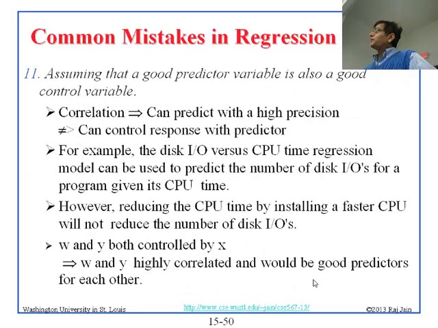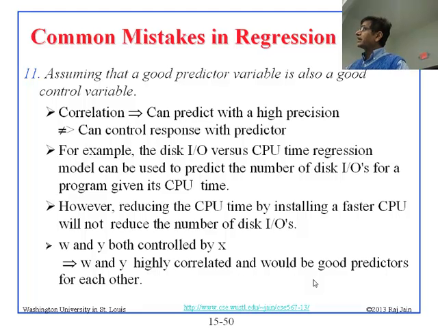Assuming that a good predictor is also a good control may not be true. If something gives you good prediction, it does not mean that it gives you good control. Control is a totally different thing. Correlation means that you can predict. Control means you can change.